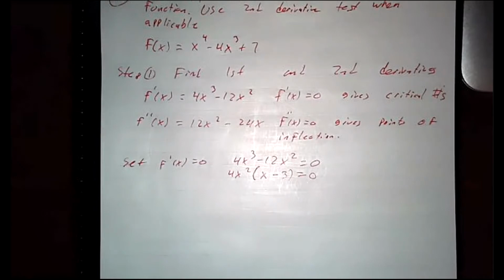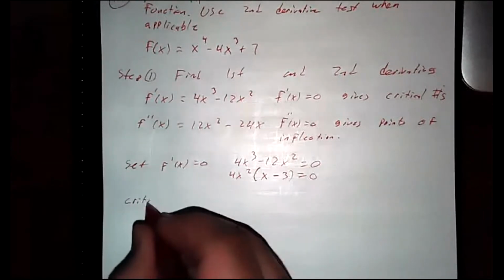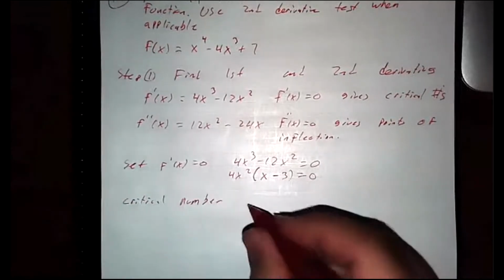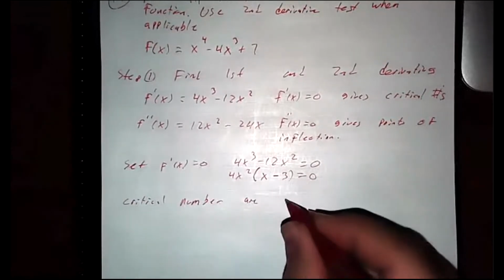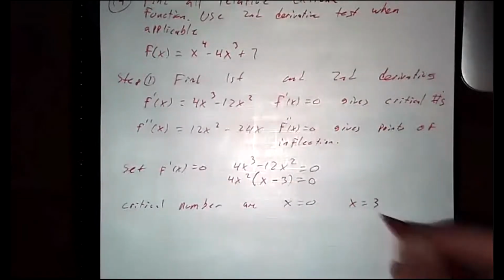You guys agree with that? Okay. So critical numbers are x equal to 0 and x equal to 3.